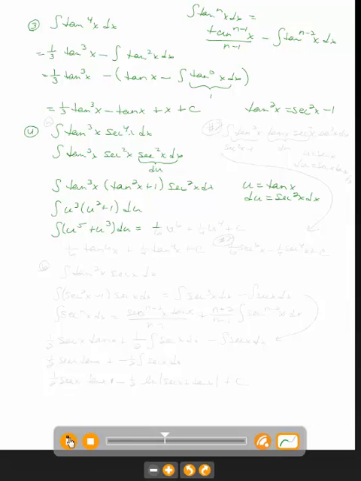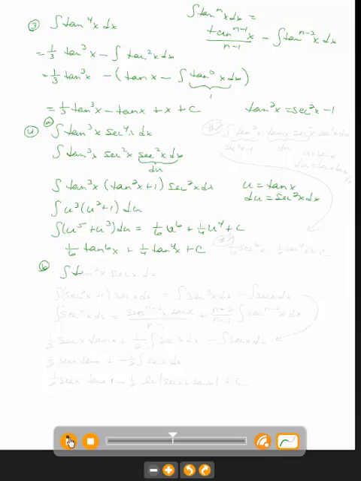And now when I raise the power and flip it in front, and now put back what the tangent is equal to the u, so 1/6 tangent to the sixth of x plus 1/4 tangent to the fourth of x plus c. And that was part A. So let's get part B.